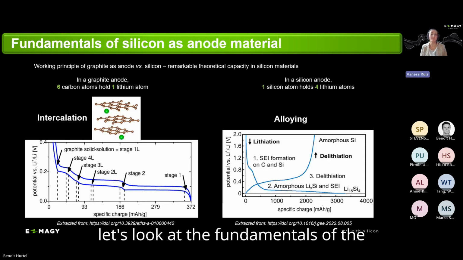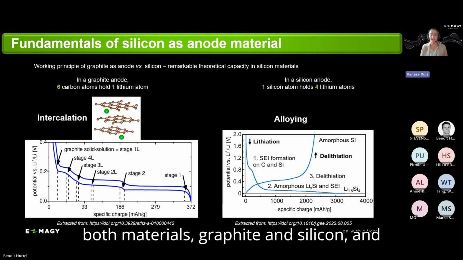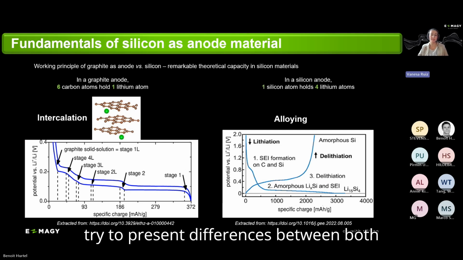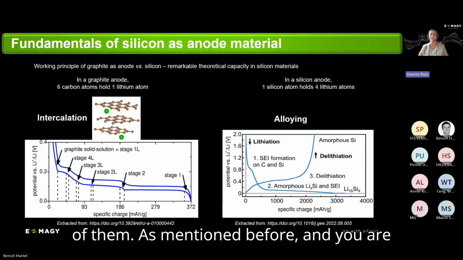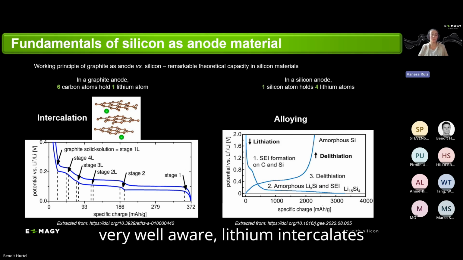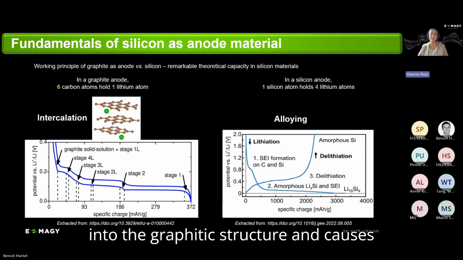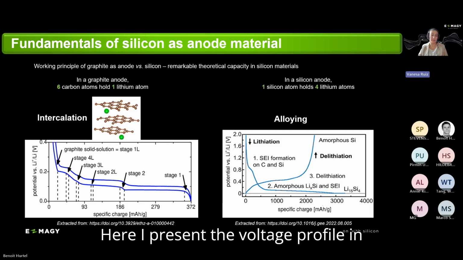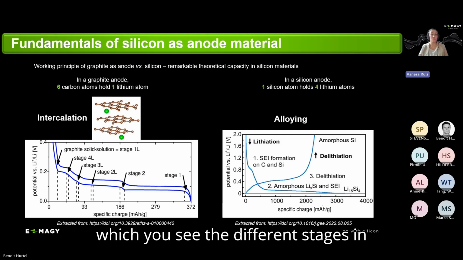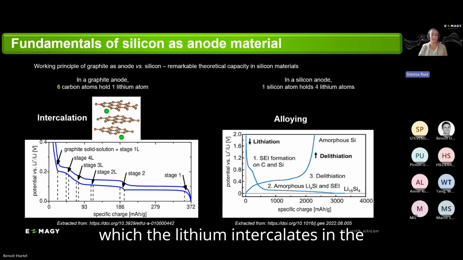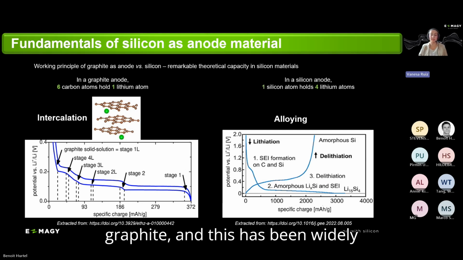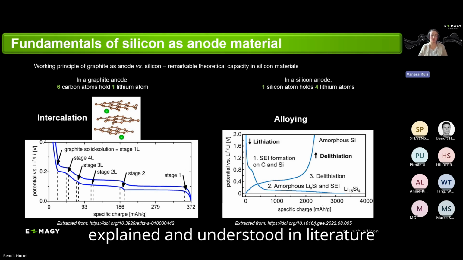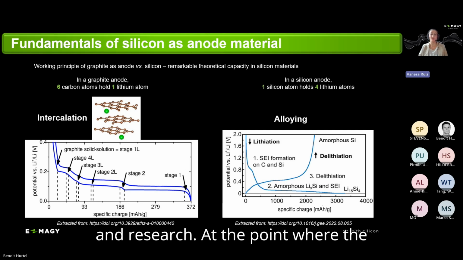Now let's look at the fundamentals of both materials, graphite and silicon, and try to present differences between both of them. As mentioned before, and you are very well aware, lithium intercalates into the graphitic structure and causes the graphene-like layers to expand. Here I present the voltage profile in which you see the different stages in which the lithium intercalates in the graphite, and this has been widely explained and understood in literature and research.